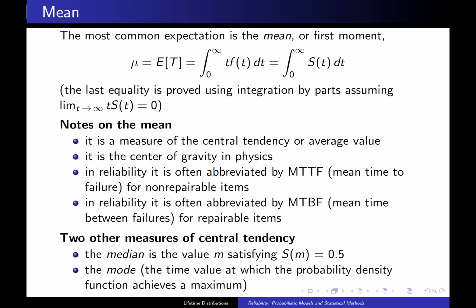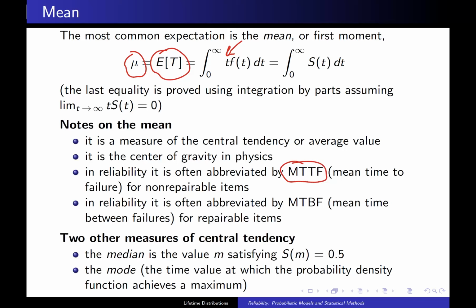The most common thing that you're going to see for u of t is just t. And when you integrate from 0 to infinity of t times f of t dt, you get the expected value of t. Often the Greek letter mu is used here. It is often known as the mean time to failure.